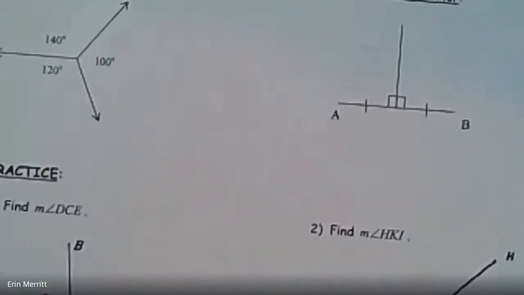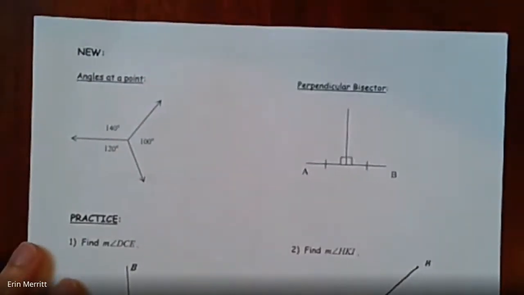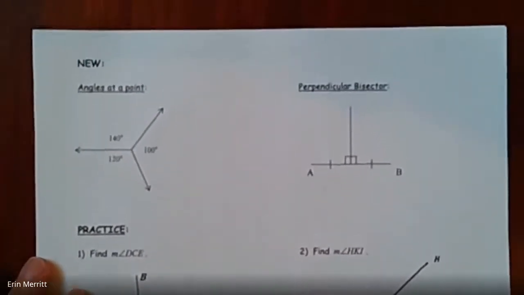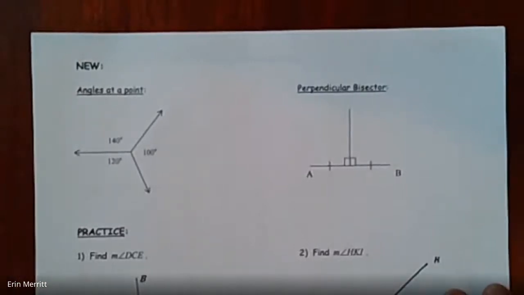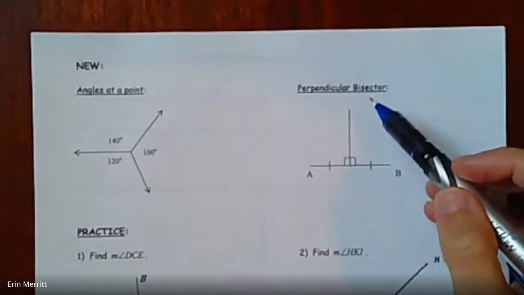We're going to have all sorts of practice with this stuff. So before that, there's two last new concepts, but I doubt they're even new for you. What they are is angles at a point and then perpendicular bisector.